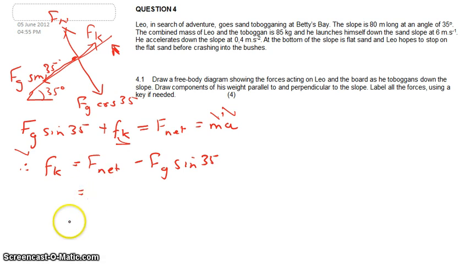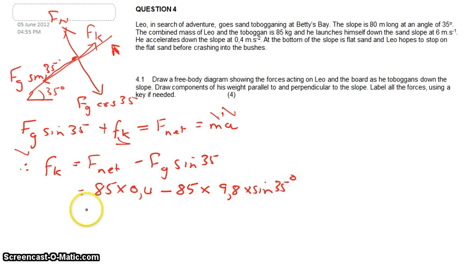F net is mass times acceleration, and that is 85 times 0.4, and Fg is going to be the mass times gravitational acceleration, 9.8, times sine of 35.